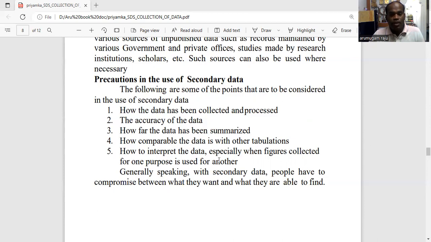The fourth one is how comparable the data is with other tabulations. The last one is how to interpret the data, especially when figures collected for one purpose are used for another. So these are the precautions in the use of secondary data.